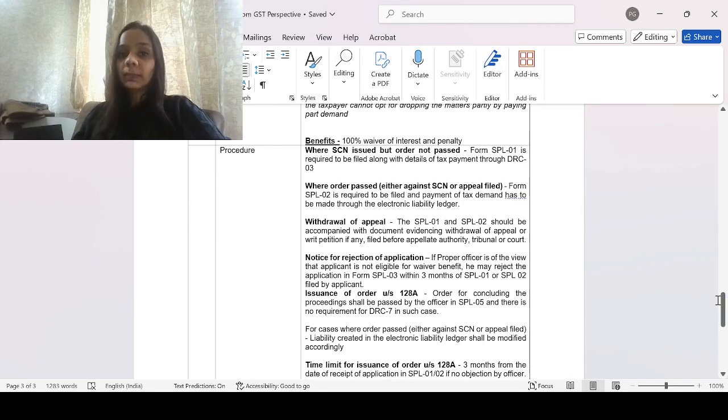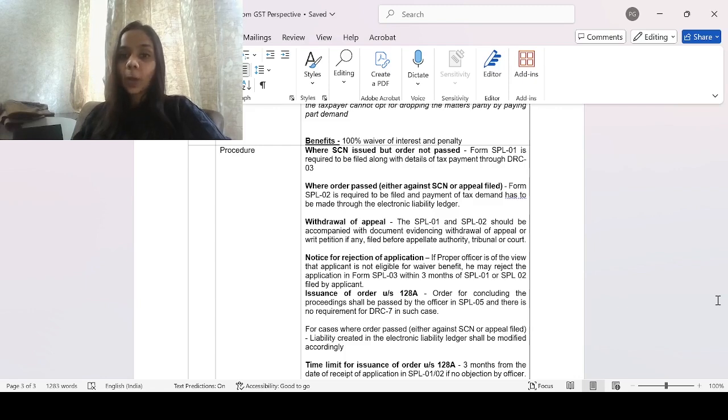First of all, we will make the payment of the tax, and file SPL 01 and attach the DRC 03 along with the tax payments. It should contain all the documentation, like we have withdrawn the appeal and we have made the payment of the taxes.